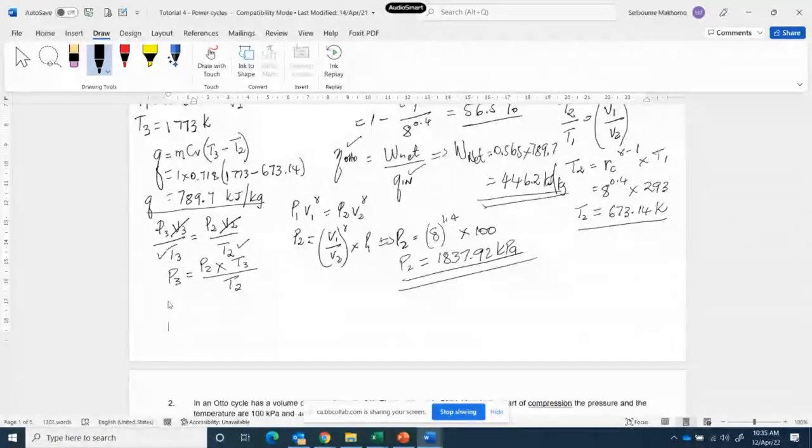Okay, so P2 is 1837.92 multiplied by T3, 1773, divided by T2, which is 673.14.